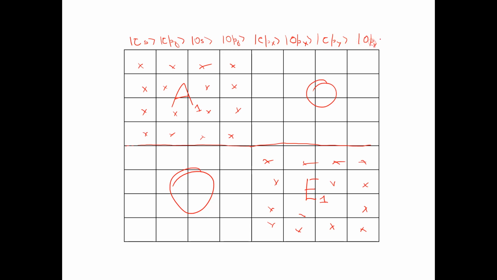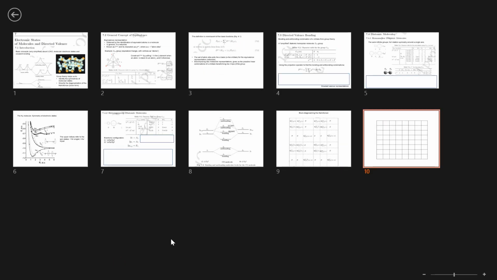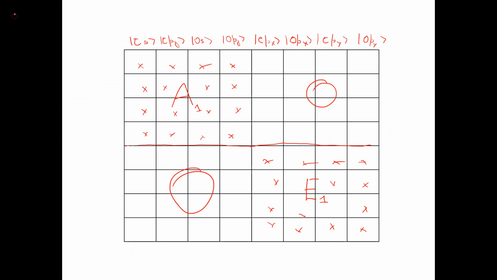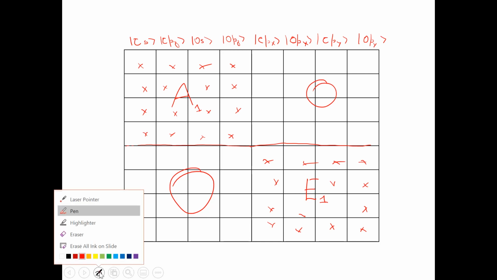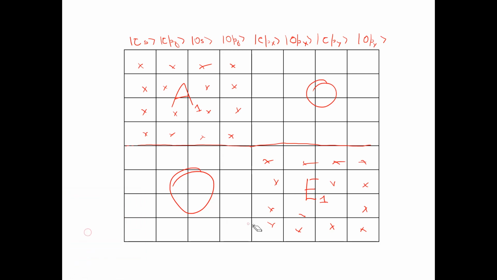And I know also that X and Y are not going to mix in this problem. So actually this is going to be 0. This and this.